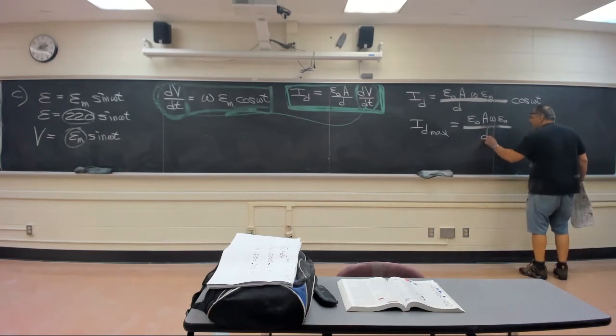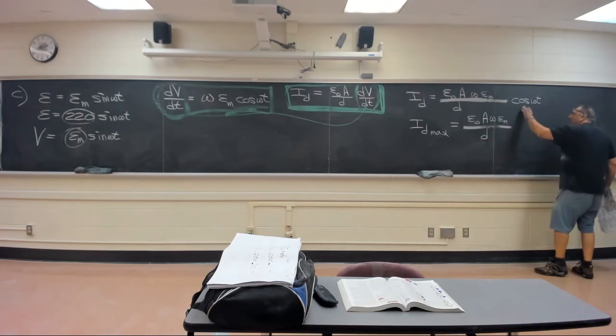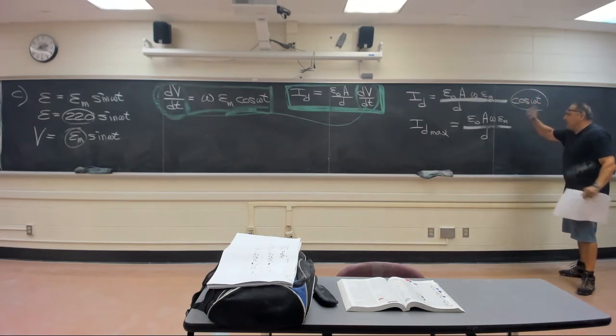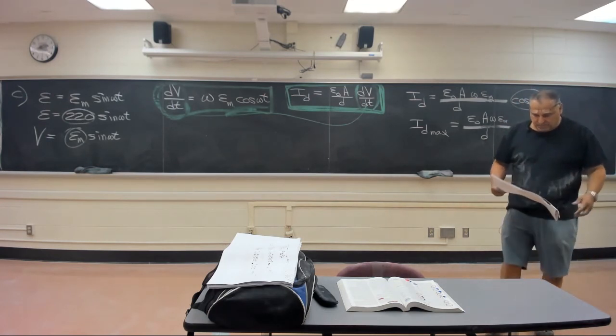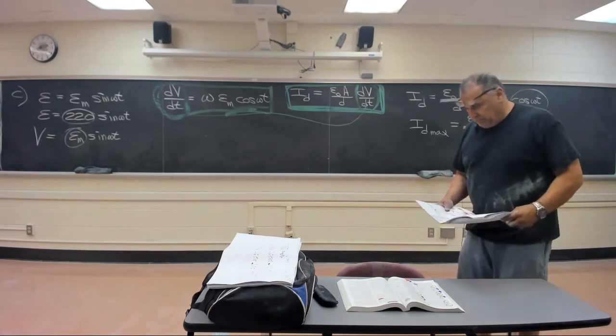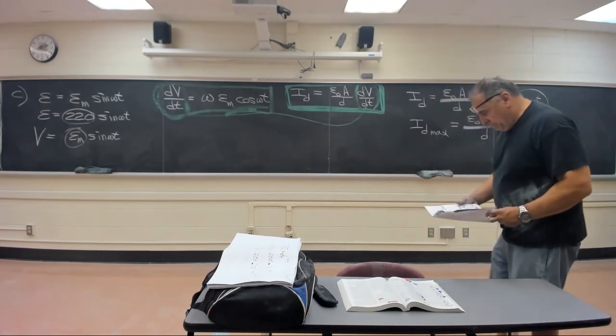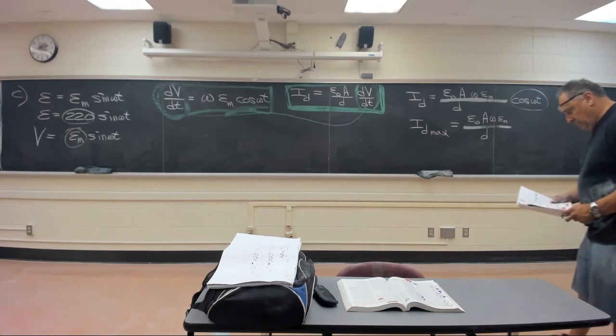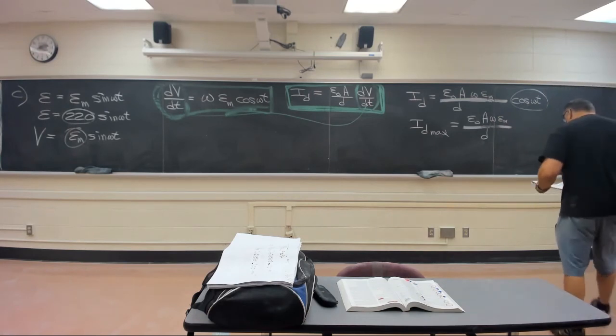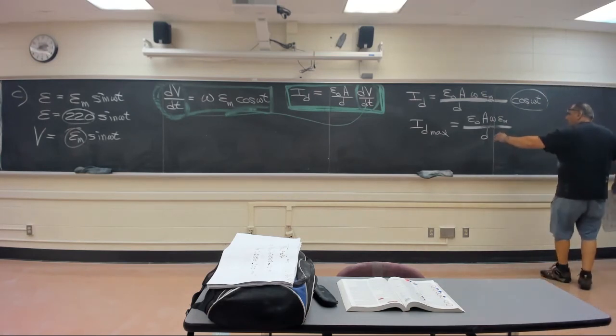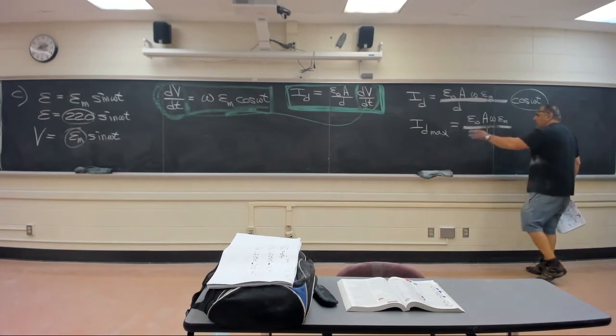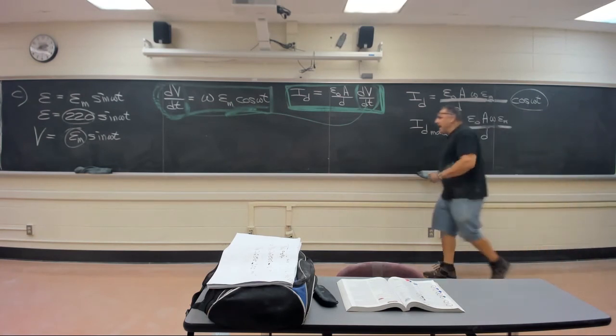The D is something I've got to solve for. If that cosine omega t is 1, there's your max. Absolutely. Solve for D. Multiply by D on each side, divide by I_D max.